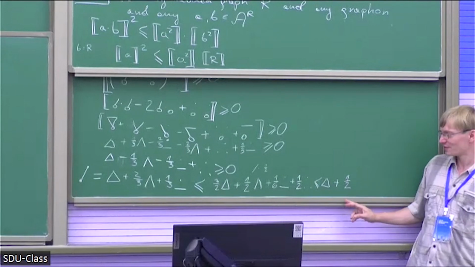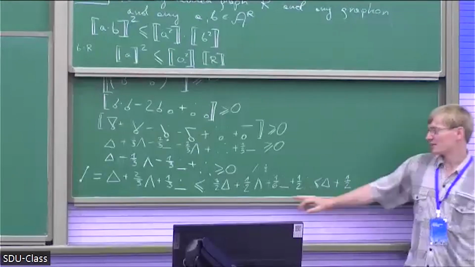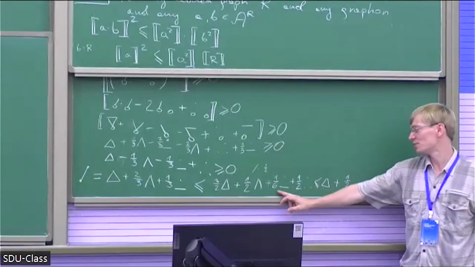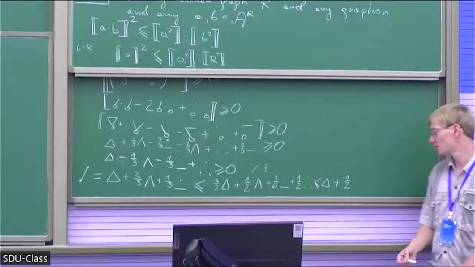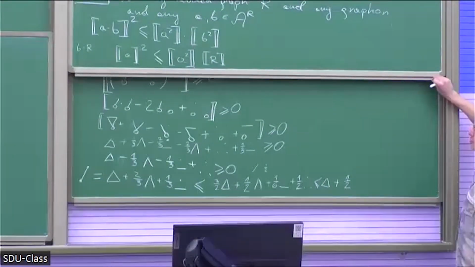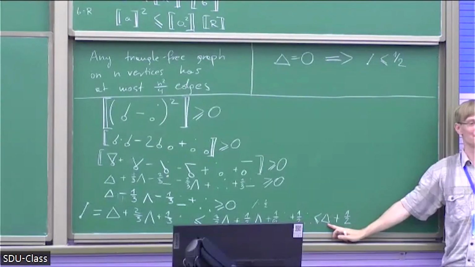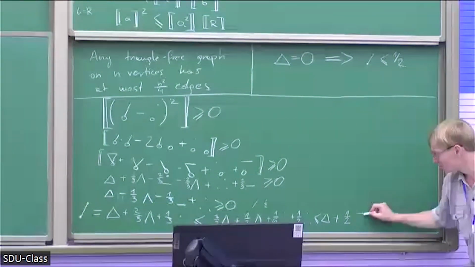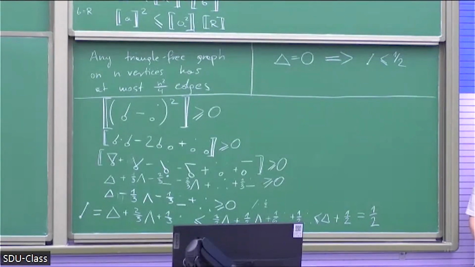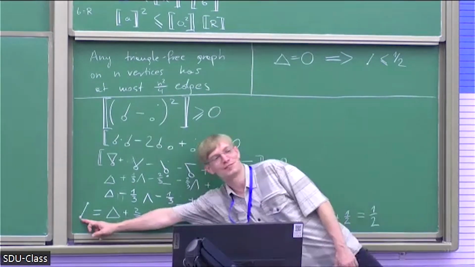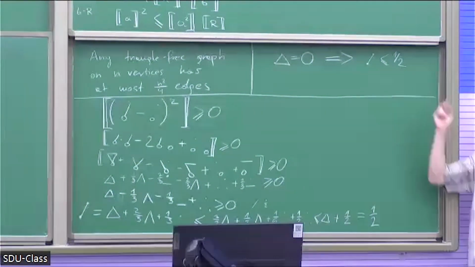So half of the sum of those, I get exactly 3/2 triangles. This one I overestimate. Okay, so now look at what we want to do. We have the triangle density 0, so this is 0, which means that this is half. And I obtain exactly what I need. Edge density is at most half. So we have the theorem for graphons.